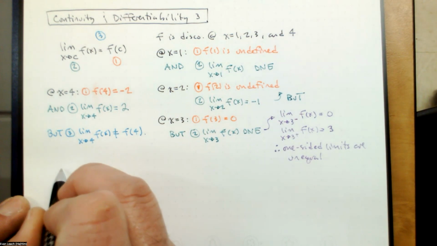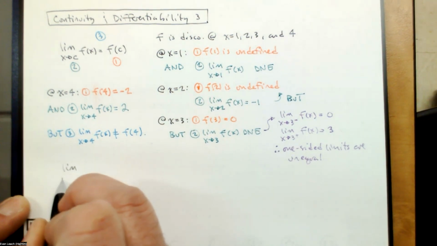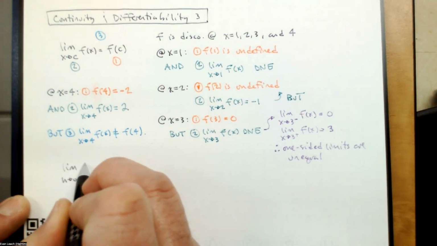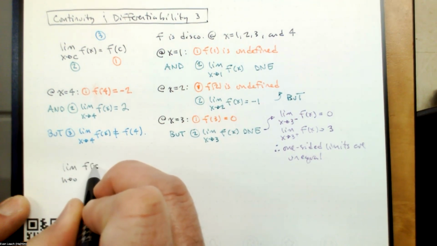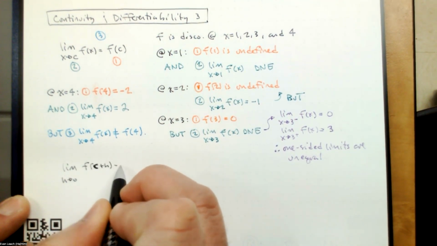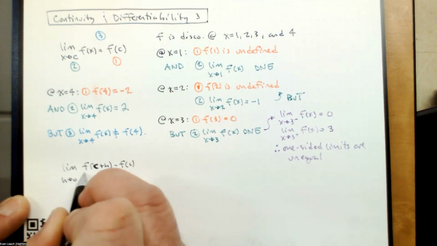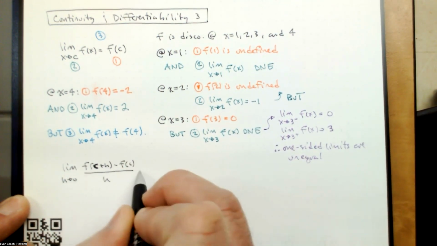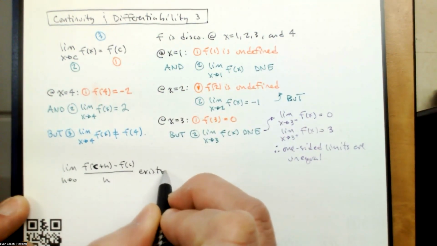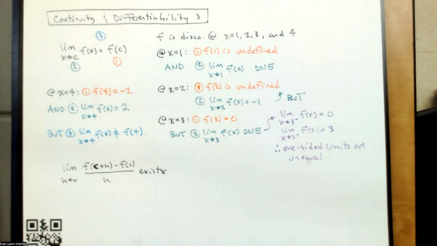Remember, for differentiability, we need the limit as h goes to 0 of f of c plus h minus f of c, all over h, to exist. Essentially, this means we can do the derivative calculation.